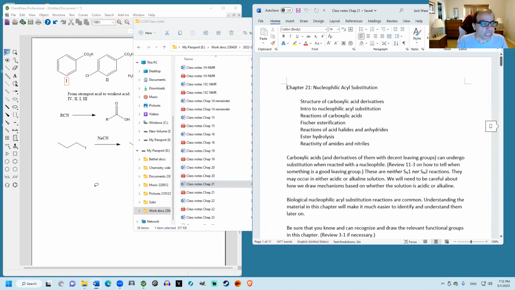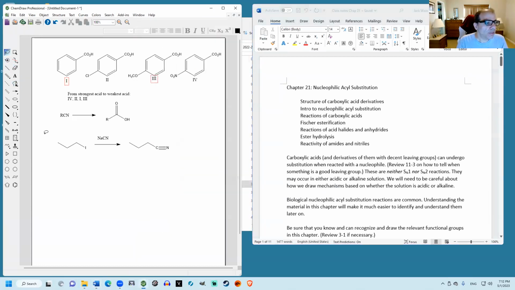This is on nucleophilic acyl substitution. So these are reactions of this type, where the group Y is a leaving group.